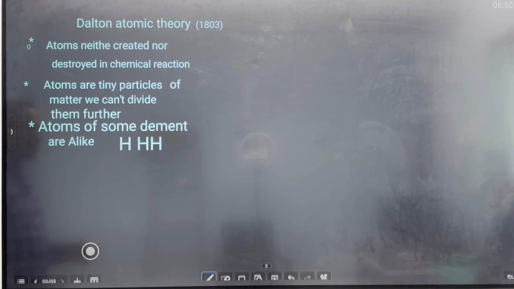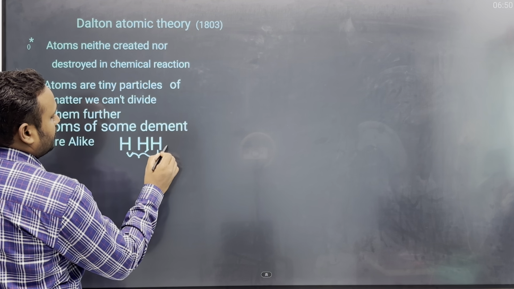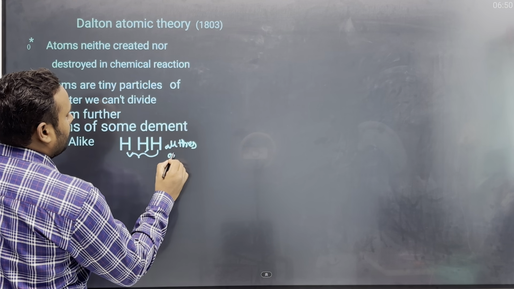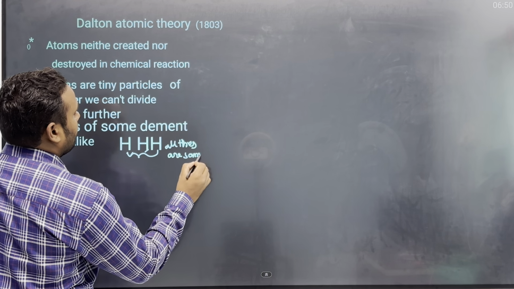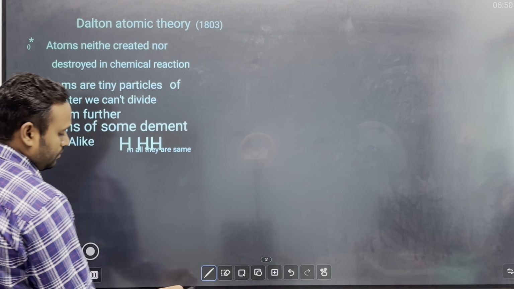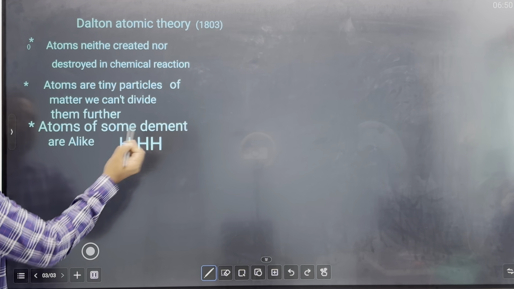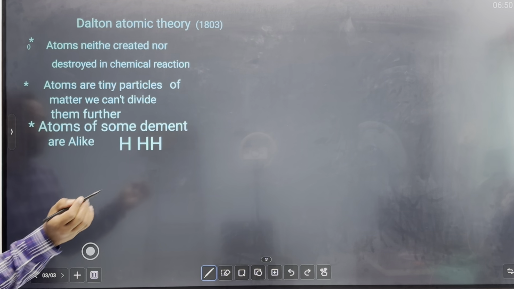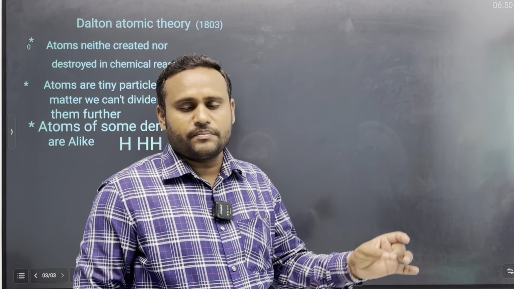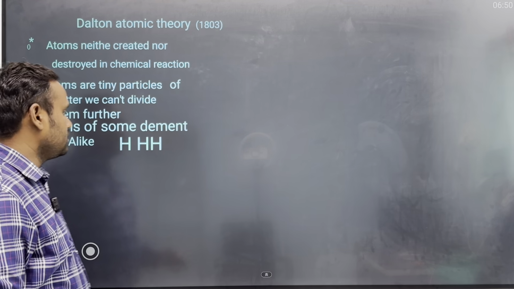Among these three hydrogen atoms, there is no difference. All these are the same. All properties are the same, including their physical properties, chemical properties, mass, atomic number, number of protons, number of electrons, everything is the same.